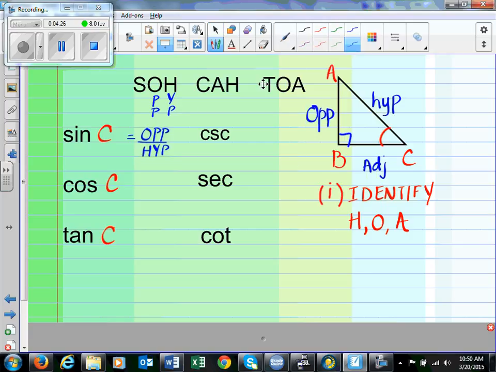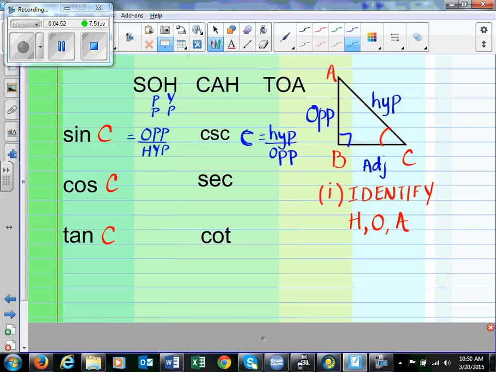So cosecant C will be hypotenuse over the opposite side. So sine is going to be opposite over hypotenuse, and therefore the cosecant, you just flip this and you get hypotenuse over opposite.